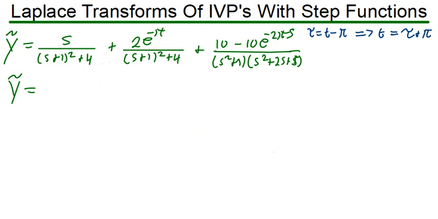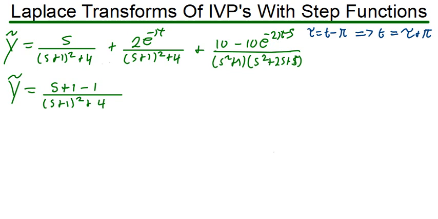So to manipulate this one, if you observe the numerator here, I've not subtracted anything. So what I'm going to do is write this as s plus 1 minus 1, then divide by everything, which is s plus 1 squared plus 4.